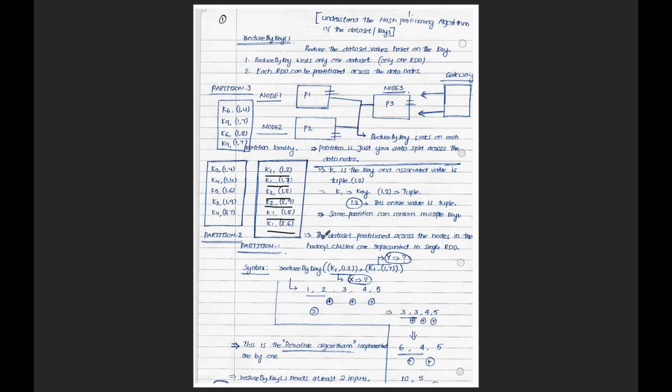The dataset partitions across the nodes are represented by a single RDD. Once you finish applying reduceByKey on this partition, you move to the next one, then the third one. That's how it logically works in the background.